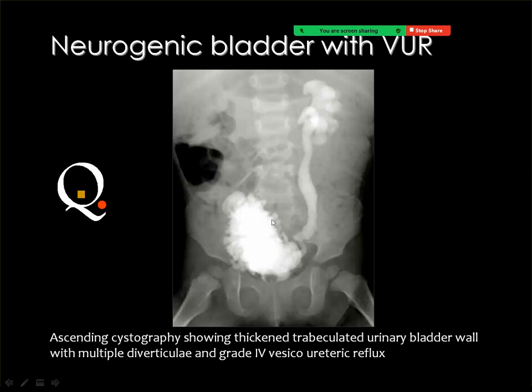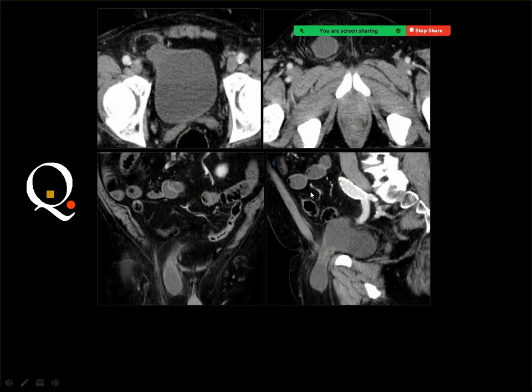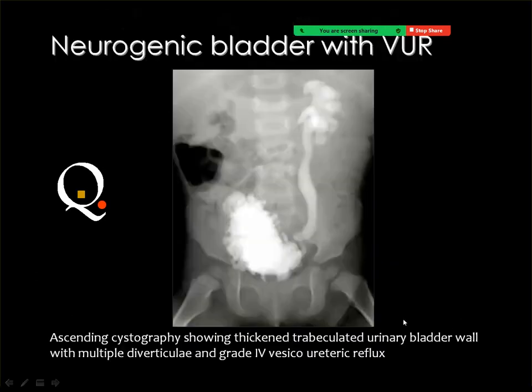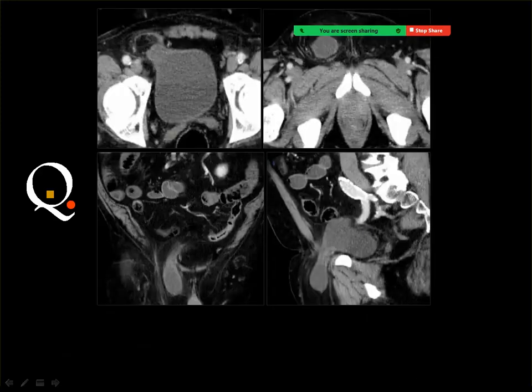You see the marked trabeculation and thickening of the wall with diverticular outpouching, and consequently you got grade 5 vesico-ureteric reflux, or maybe grade 4 because the ureter is not that tortuous. Grade 4 vesico-ureteric reflux. The next case is a series of CT scans after contrast injection for the lower abdomen and pelvis.